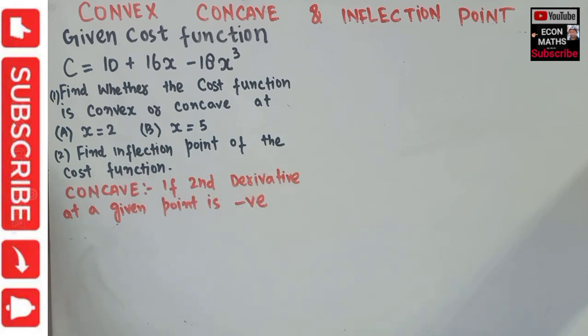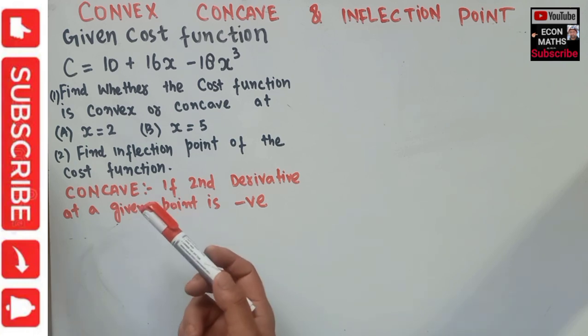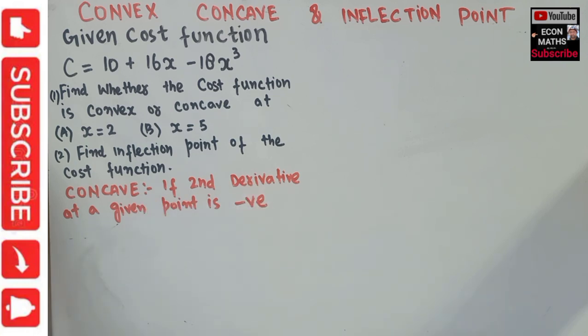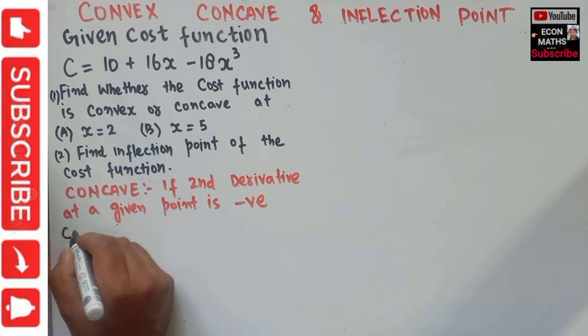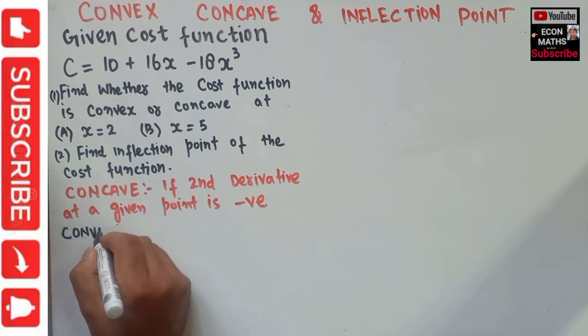Now, when is a function said to be concave? Simple. If the second derivative at a given point is negative, we say the function is concave. I will explain it on the graph also. Also, we have convex.